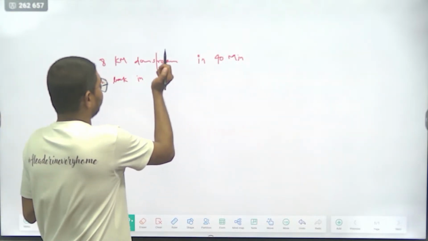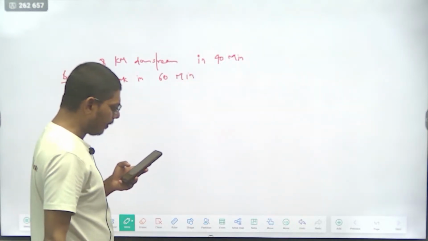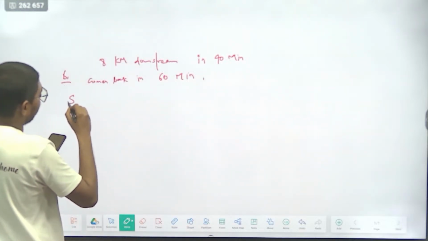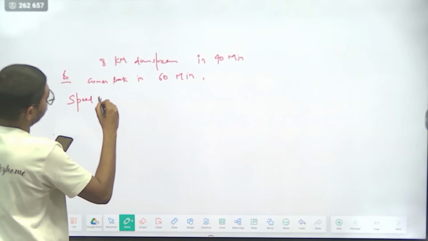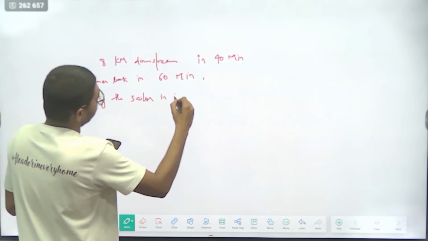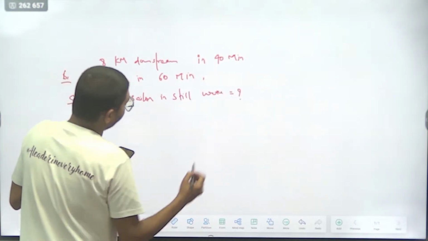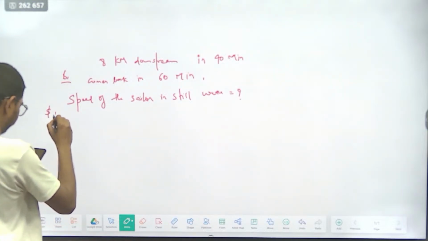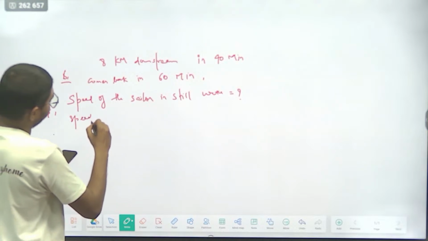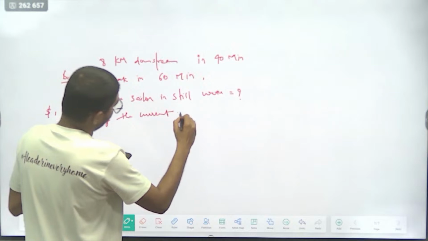Let's call it 60 minutes. Then the speed of the sailor in still water is equal to what? And the speed of the current is equal to what?